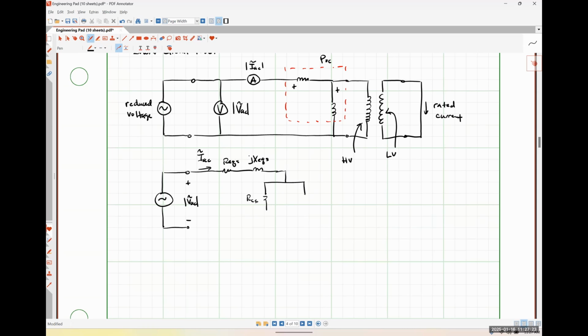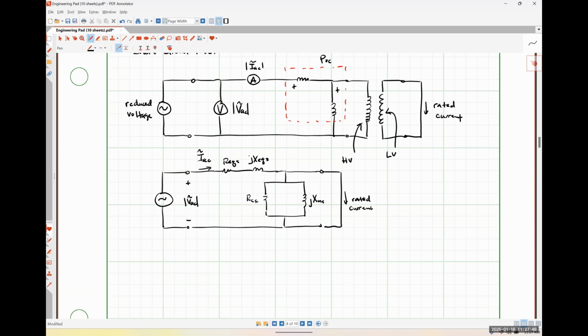RC secondary, JXM secondary, and then here's our short, where we have our rated current flowing. Okay.